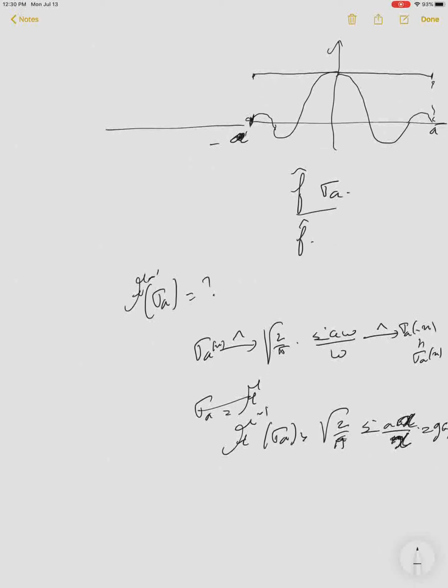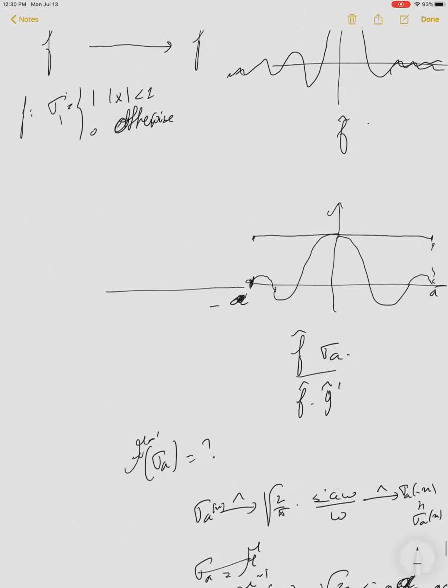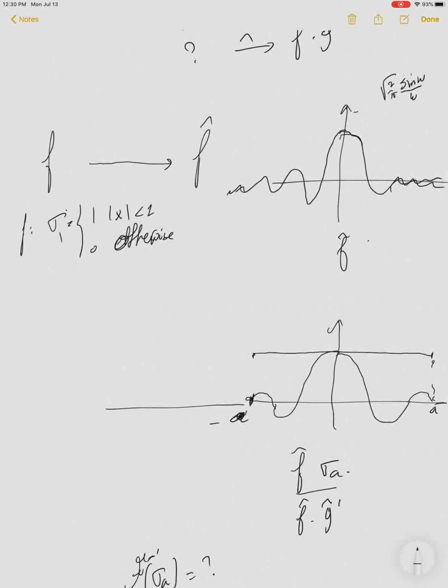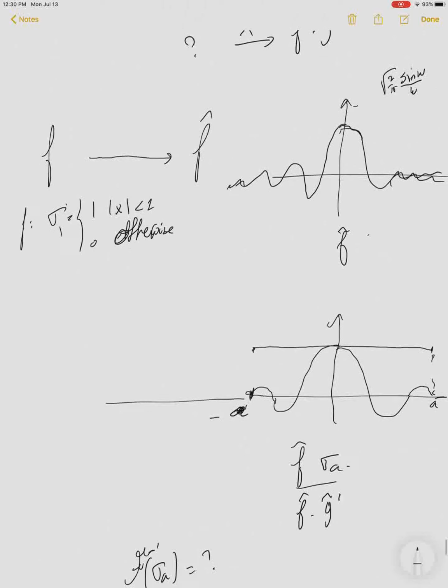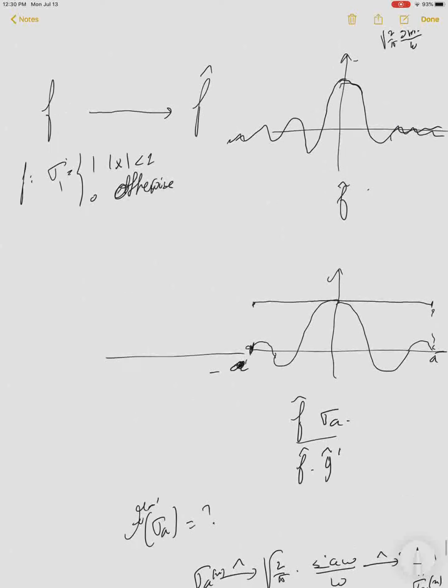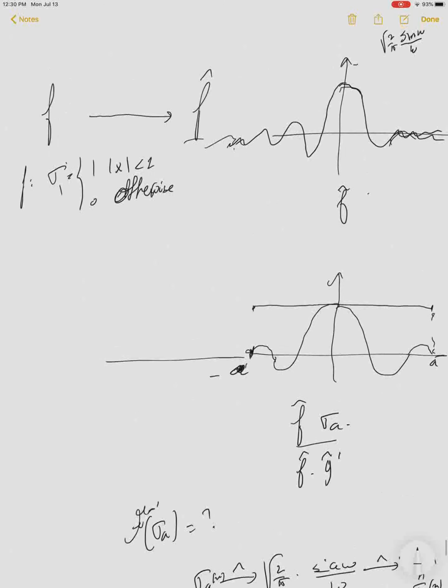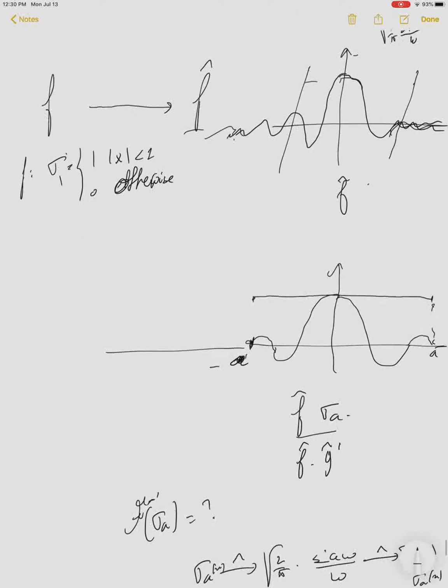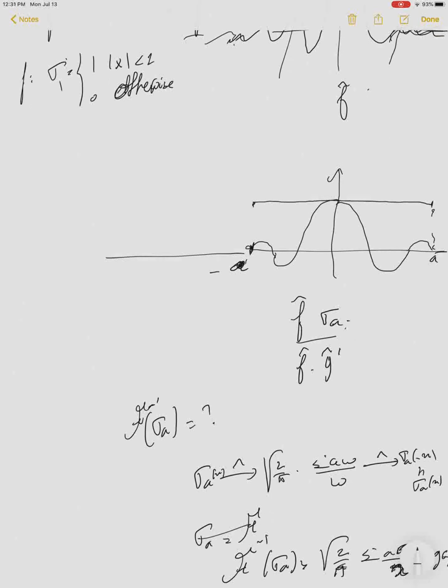So if I only want f hat times g hat, what does it mean? I took here f to be, for example, sigma 1 of x, but really f can be anything. And then I got my signal here, which is f hat, with oscillation. Only one part of my signal, let's say only this part. This means it's f hat times the function 1 on this interval and 0 elsewhere. So this is f hat times sigma a.